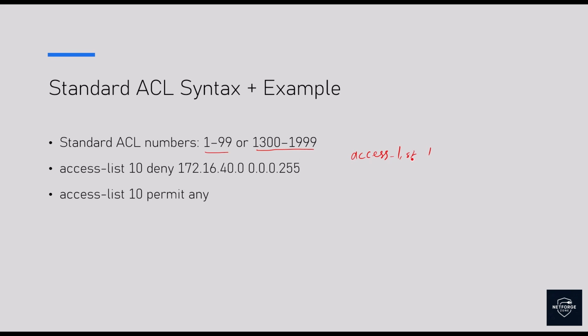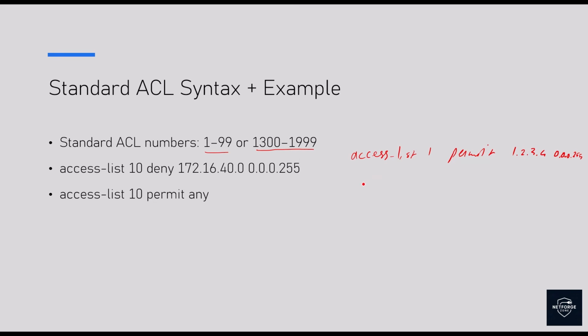So let's say that we don't have any access list 1. I'm going to write access list 1, and after that I can say, for example, permit 1.2.3.4 with wildcard 0.0.255. You can see that that's all. I don't have anything else. If I do not add any extra line, you have an implicit deny in the end.